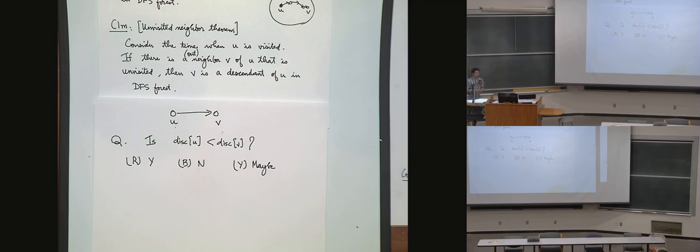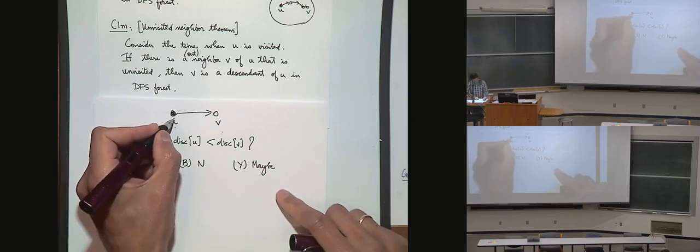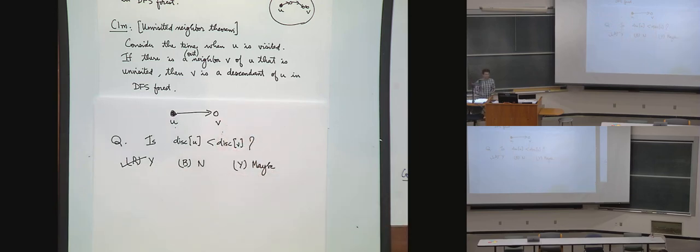I think most of you see that the answer is yes. Why is the answer yes? Anyone? Because you just visited U and V is unvisited. Exactly. It's just by definition: U has been visited and V is unvisited.